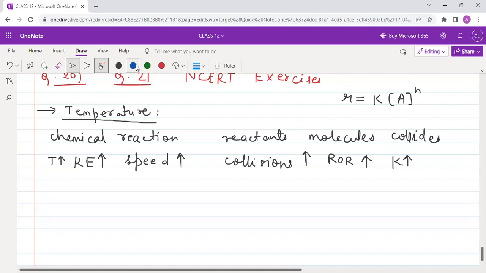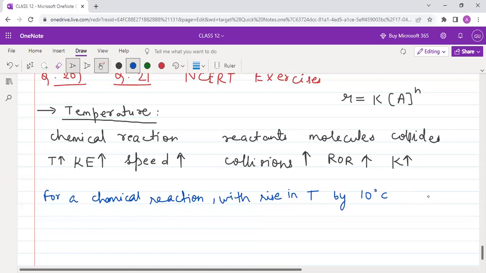So it has been observed that for a chemical reaction, with rise in temperature by 10 degrees Celsius, the rate constant is nearly doubled. That means the rate of reaction is also doubled because both of them are directly proportional.